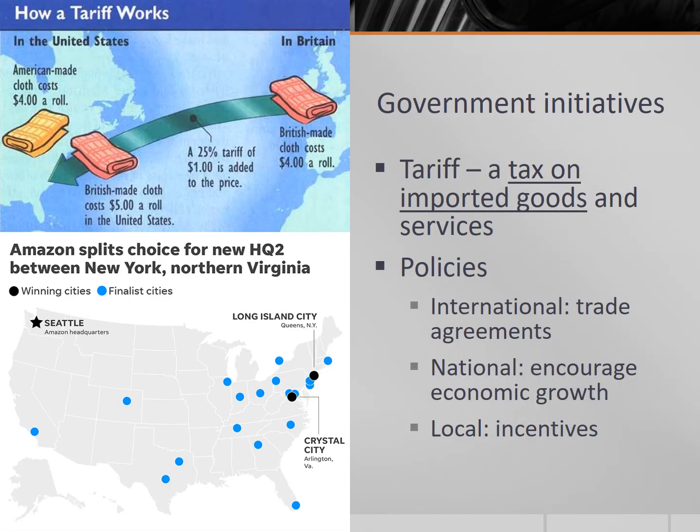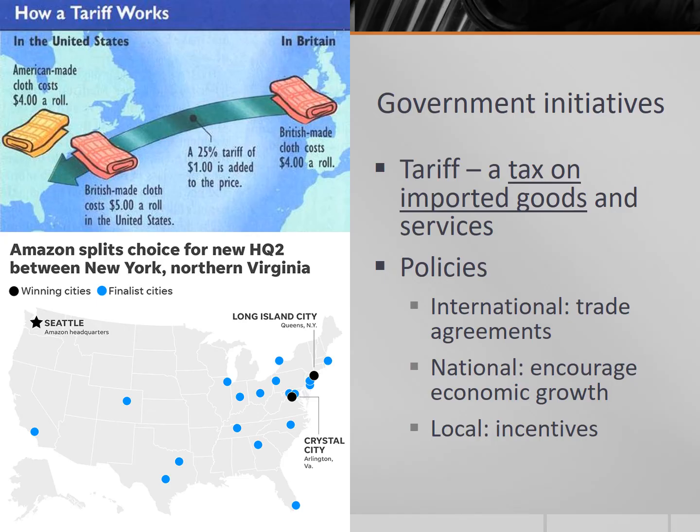But other government policies can have an impact on economic development. We will examine international free trade agreements in more detail in just a moment. But at the national scale, governments may provide incentives to try and attract businesses. These incentives can range from favorable tax obligations or subsidies to more lax environmental or safety standards.